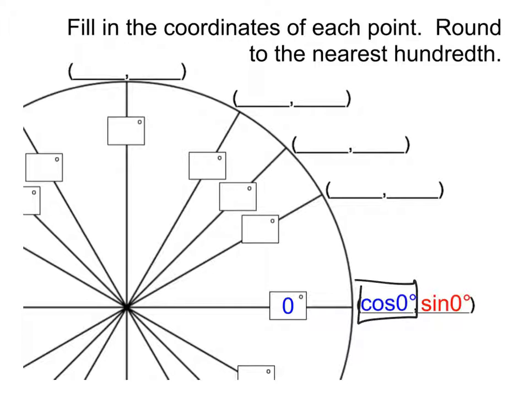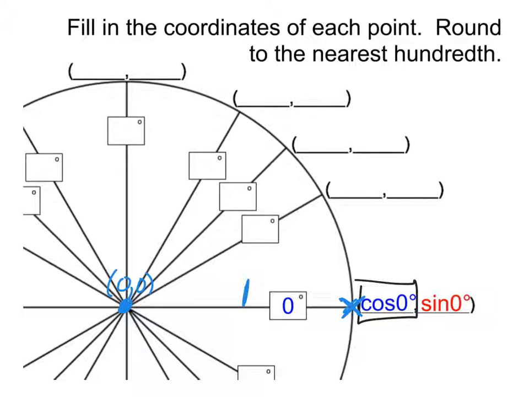Remember this is a unit circle, so that means that this point in the center of my circle is the point 0, 0. And what's the radius of the unit circle? 1, yep, that's why it's called a unit circle, because the radius is 1 unit. So notice, in order to get to this point right here, I have to go straight over to the right 1 unit.